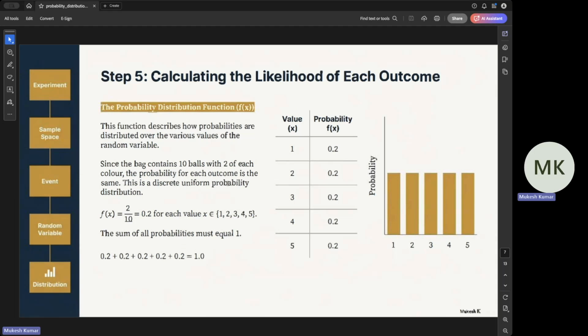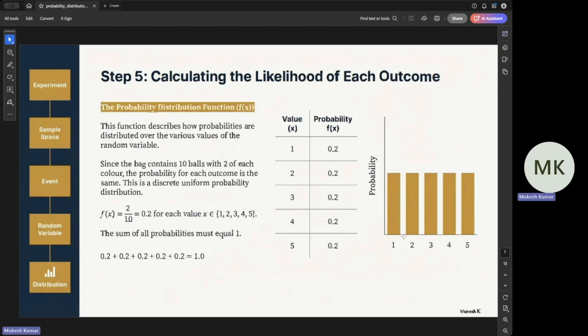So in this case, the probability distribution function has a value of 2 by 10, since the number of balls of each color is 2. Here the probability distribution function defines the likelihood of getting a variable with a value of 1, which corresponds to red, and so on and so forth.